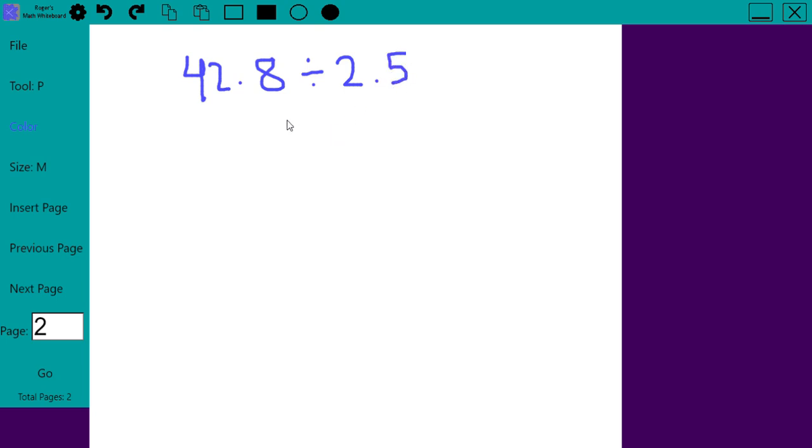So, step 1, I need to remove the decimal in my divisor here, so I move it over to the right once. So 2.5 becomes 25. And whatever I do to my divisor, I do to my dividend as well, so move the decimal over to the right once. Now I've got 428 divided by 25.